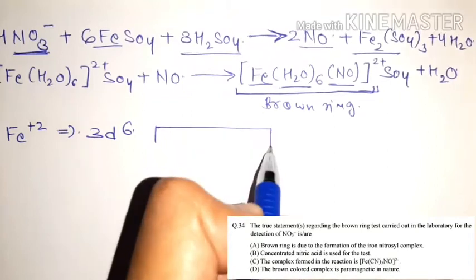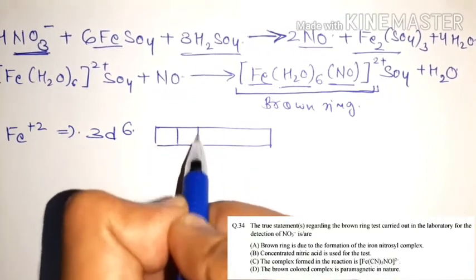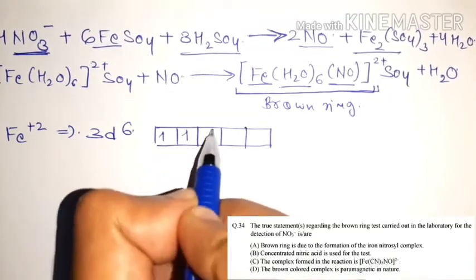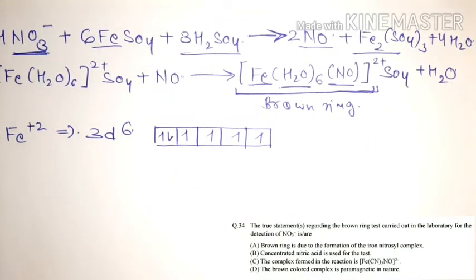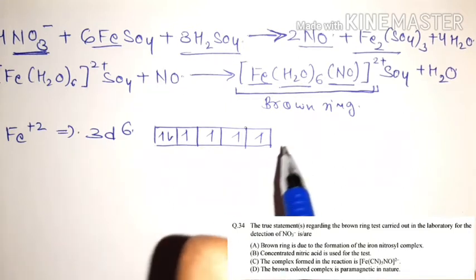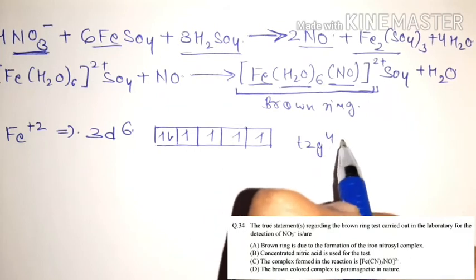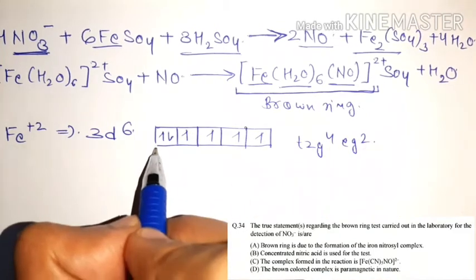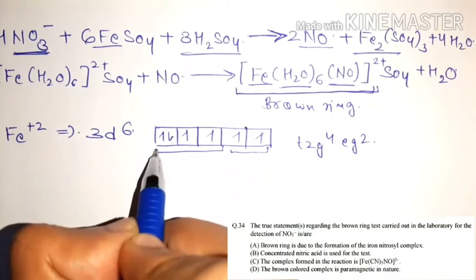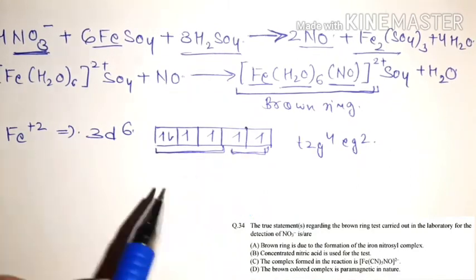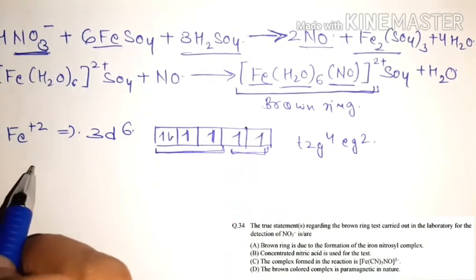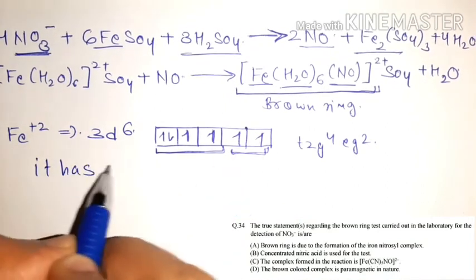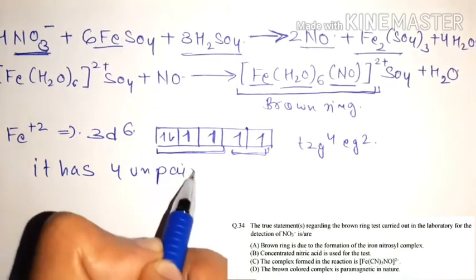So in 3d6 state its electronic configuration is this type. Because of the weak field ligand no pairing occurs, so its electronic configuration will be t2g4 eg2. See, these are t2g electrons, these are eg, so t2g has 4 and eg has 2, and ultimately we can observe that in this complex Fe2 plus has 4 unpaired electrons.